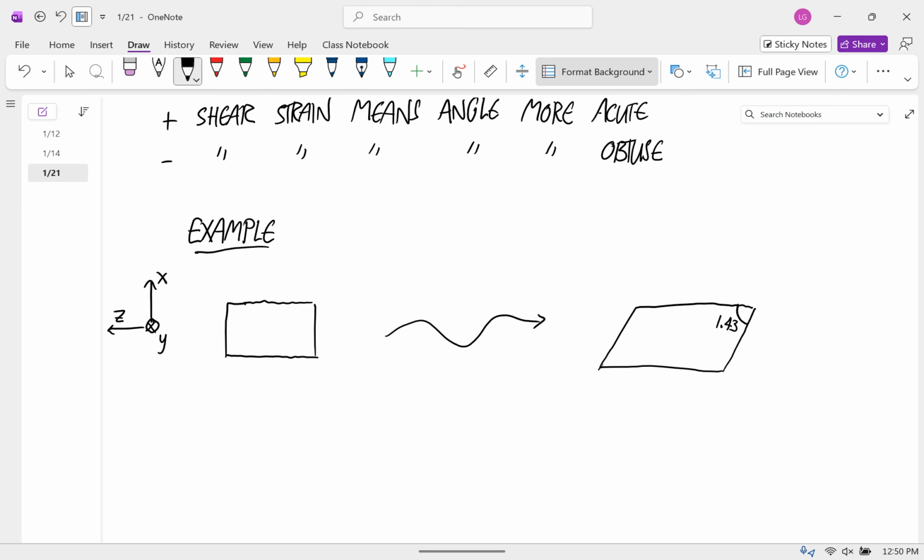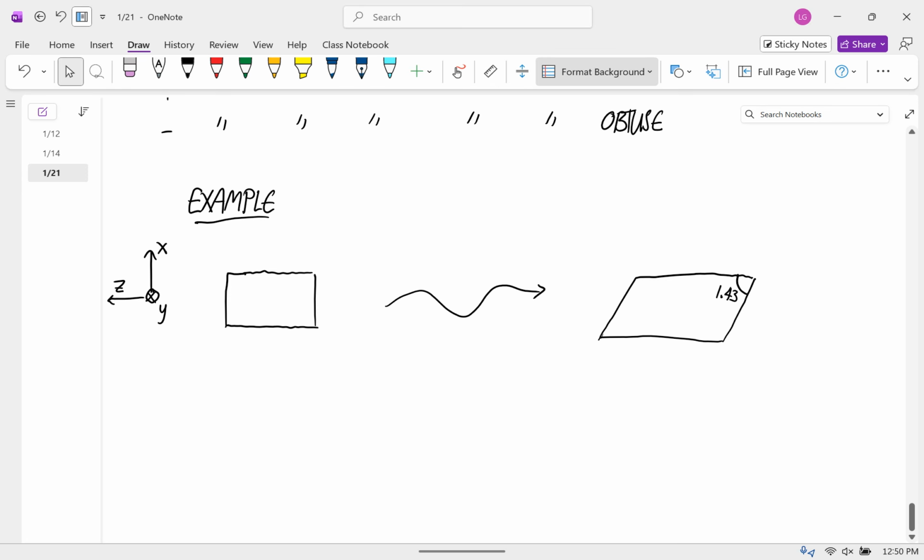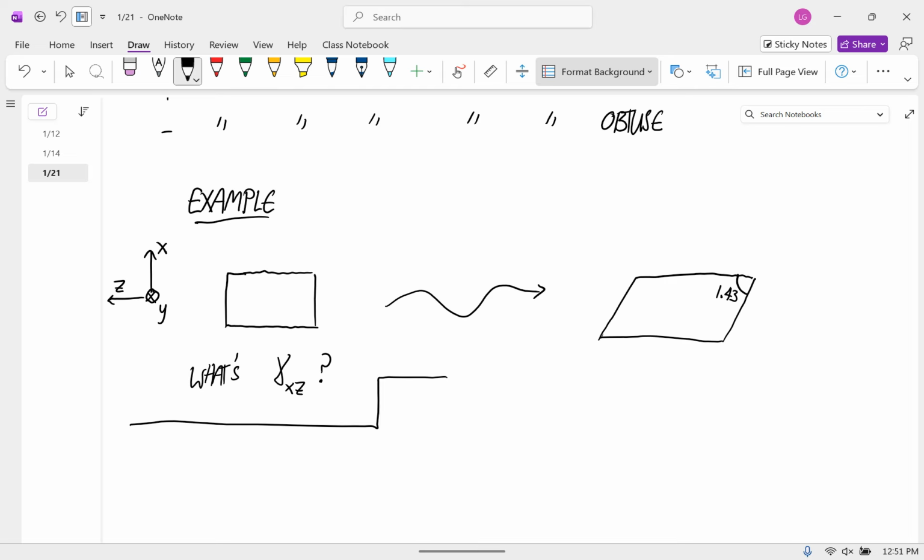Okay. And we want to know what's gamma xz. Okay, well, the first thing we have to do is figure out what the positive faces are. So the positive x face is the face where that x-axis would be pointing, like an outward facing normal. So this is the positive x face.